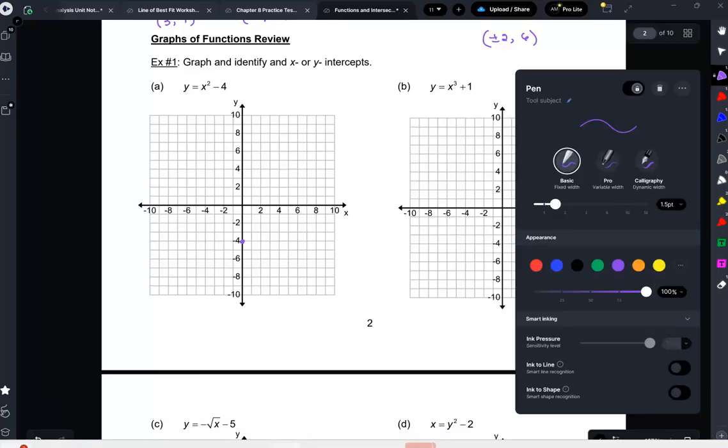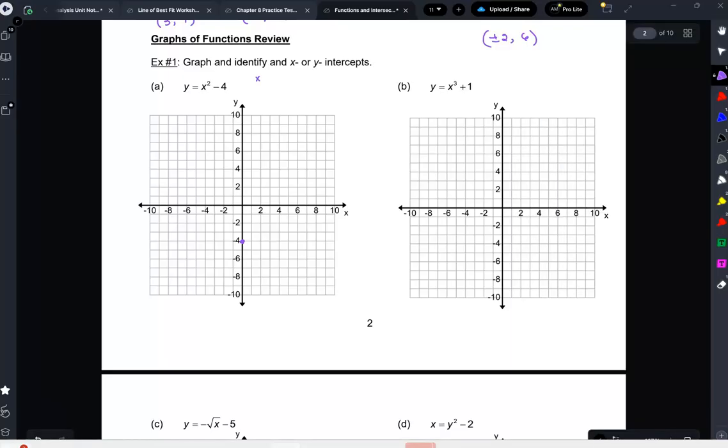How do I find the x-intercept? I set the function equal to 0. So x squared is equal to 4. x is plus or minus 2. Here and here, and look, I can graph them. That's how quick it should be.